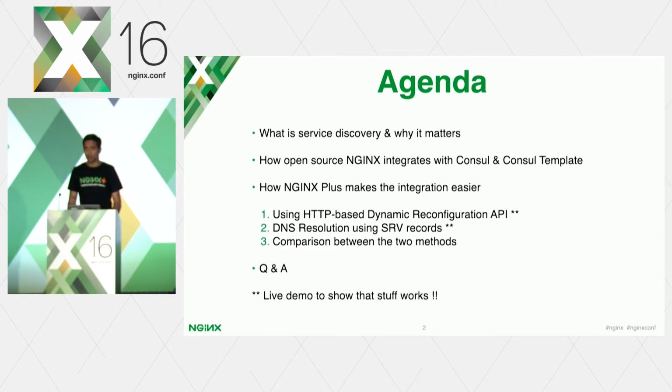And then we'll see how NGINX Plus, which is the commercial offering by NGINX Inc., makes this integration even easier, using an HTTP-based dynamic reconfiguration API and using another method, which is DNS resolution using SRV records. We'll go into demos for both of those methods and then go into a quick comparison of both these methods and jump into a Q&A.